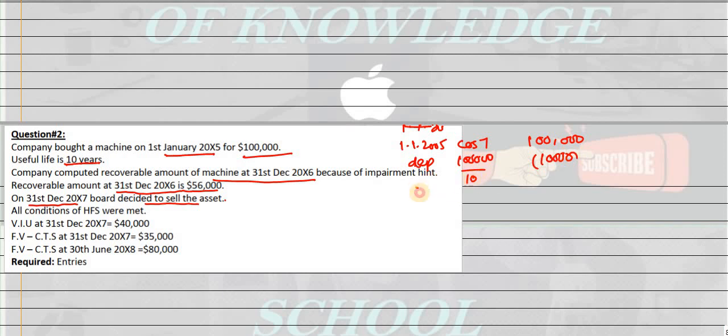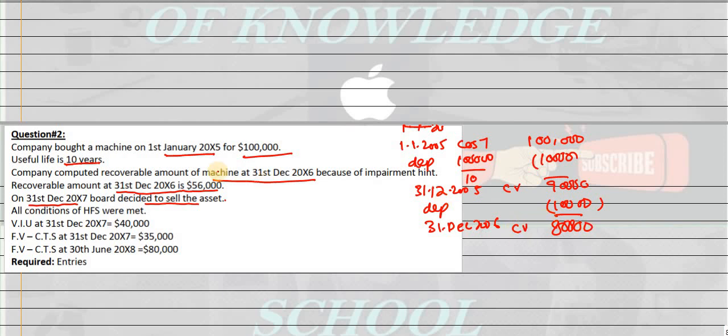Okay, now on 31st December 2005, the carrying value is 90,000. Okay, now again we have depreciation for another year, and this depreciation will be the same, 10,000. So on 31st December 2006, the amount will be 80,000.